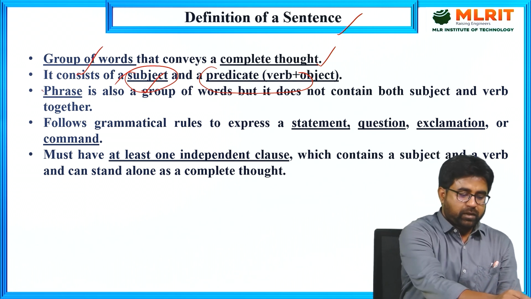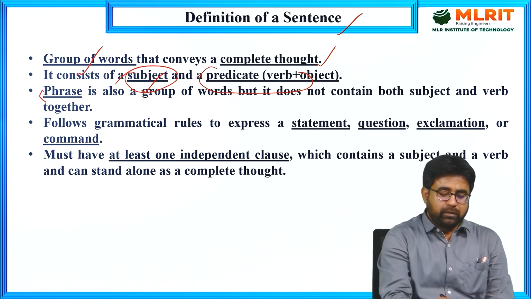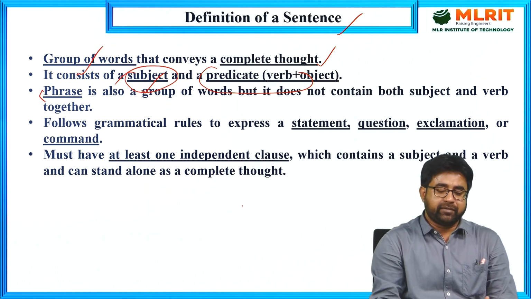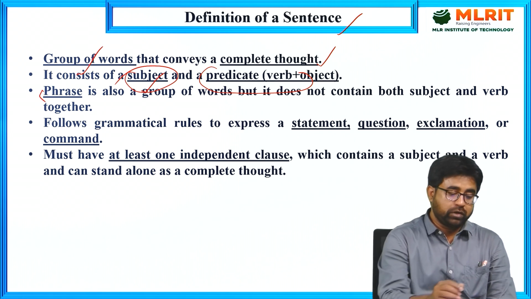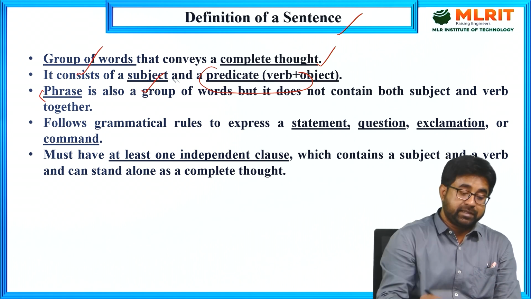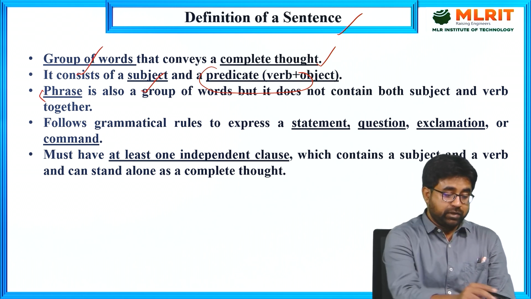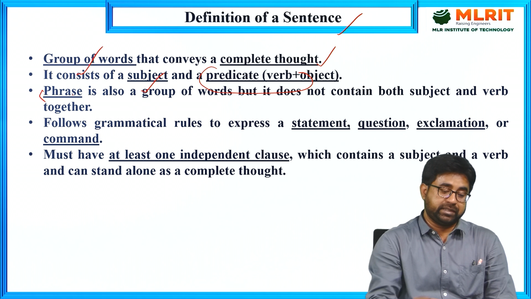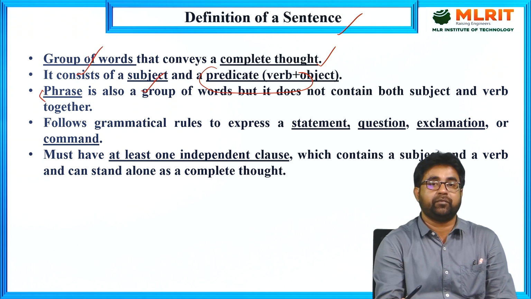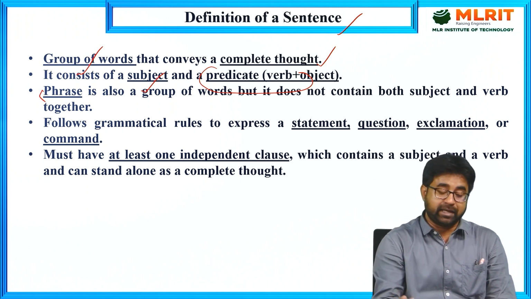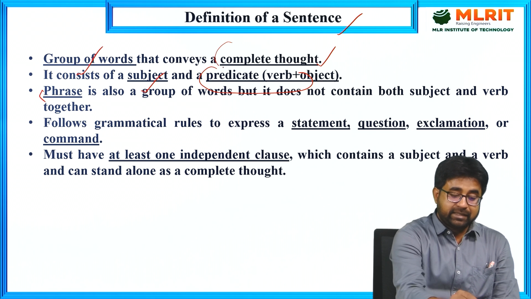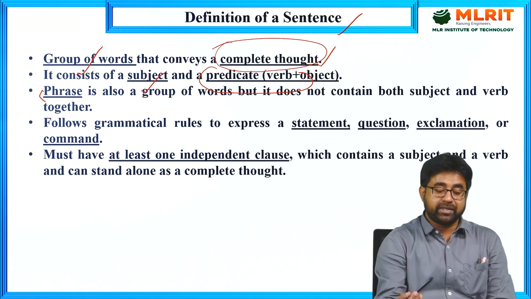Now, because there is a confusion between sentence and phrase, they are not the same thing. We should also have an idea about what a phrase is, just to make our understanding of a sentence clearer. So what is a phrase? A phrase is also a group of words. A sentence also is a group of words. That's where the confusion actually arises. But a sentence always expresses or conveys a complete thought.